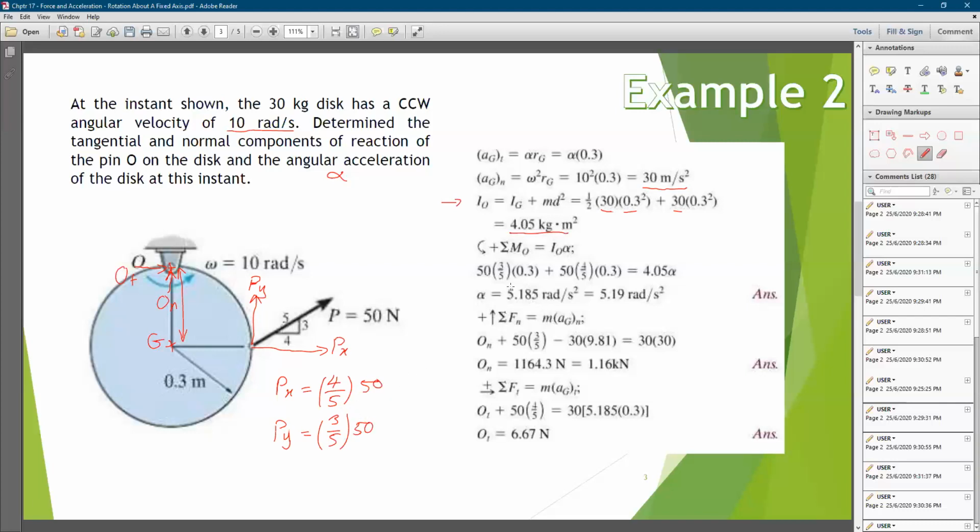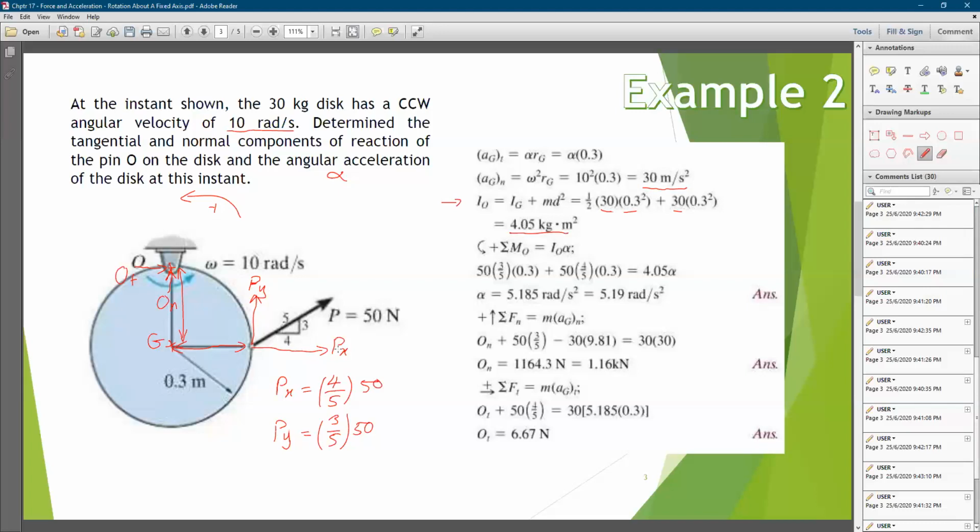Here we can see that Py times the perpendicular distance, which is 0.3, is positive because it will go counterclockwise.